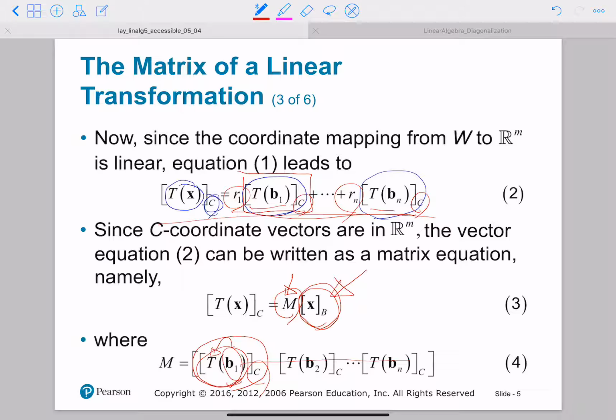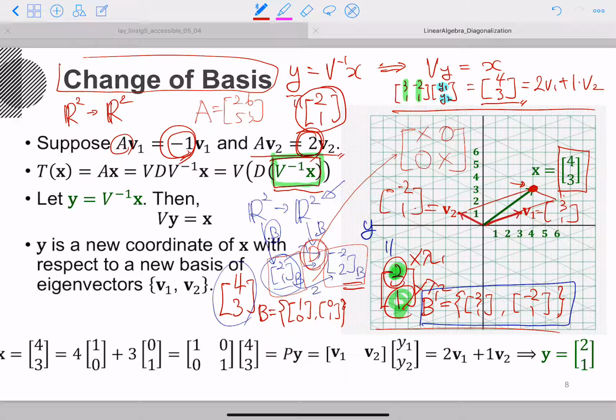So it's a little bit non-intuitive or a little bit confusing, but if you keep this special case in mind, we now represent the input vector and output vector with respect to our eigenbasis, and then the corresponding coordinate vectors for input and output and their linear transformation. So that is D over here.